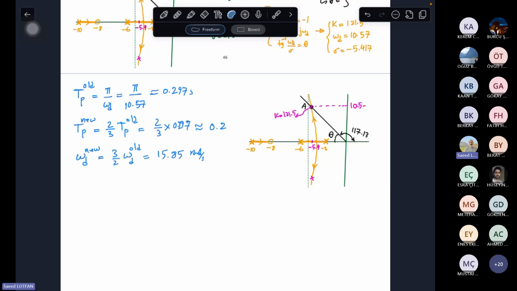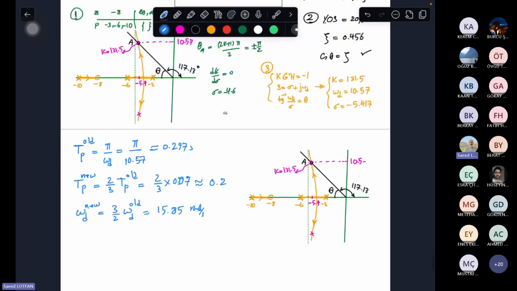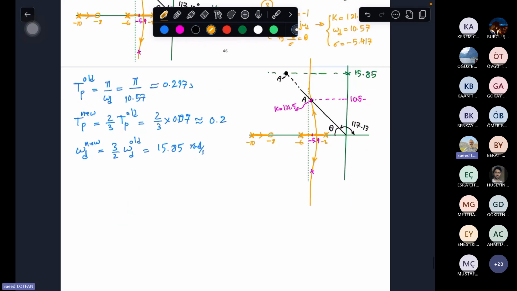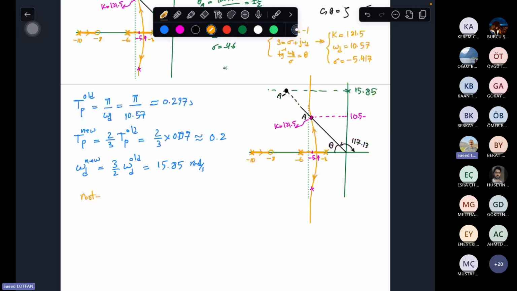So this means that I have to be, let's say here, which is 15 instead of 10, and with the same overshoot I have to go to A prime here, but the root locus is not passing A prime.